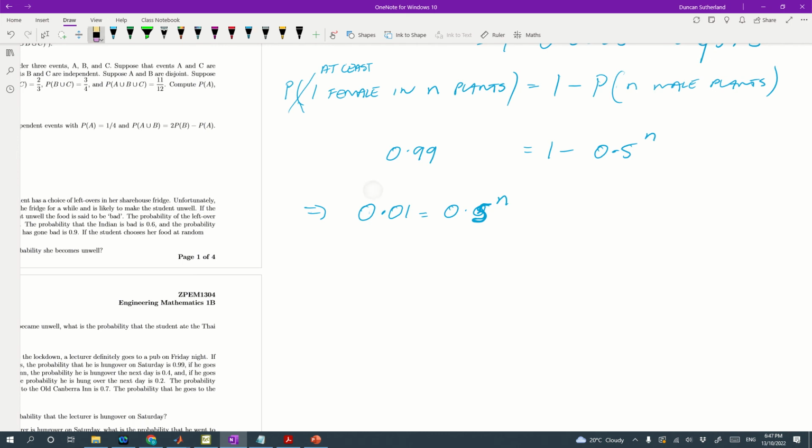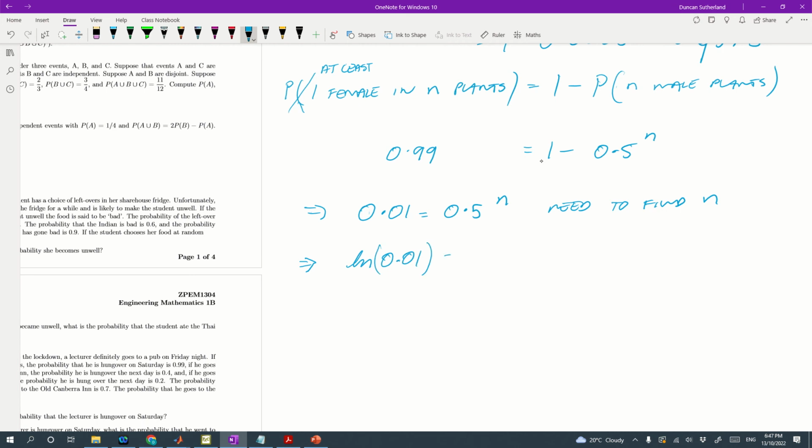So this is what we've got: the equation 0.01 equals 0.5 to the power of n, and we need to find n. I'm just going to leave this in exact form because I don't have a calculator on me.